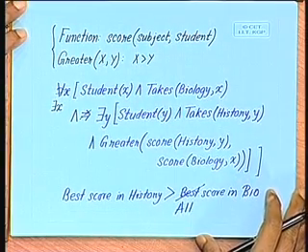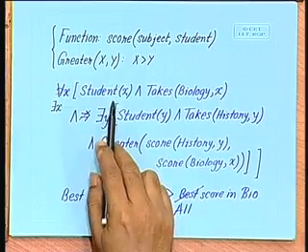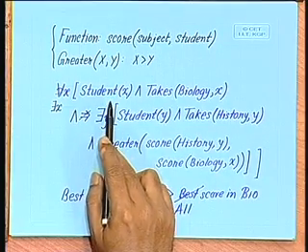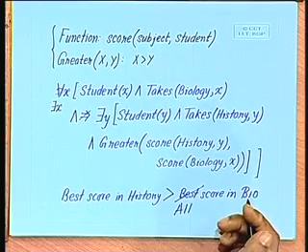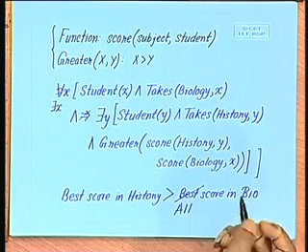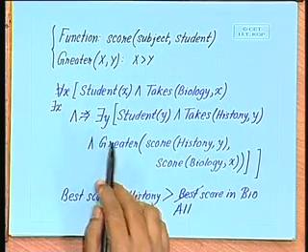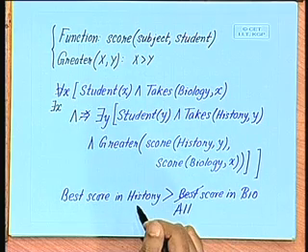No, no, because this is going to get satisfied when any student of history scores more than any student of biology. So this would establish best score greater than least score. Yes, right.